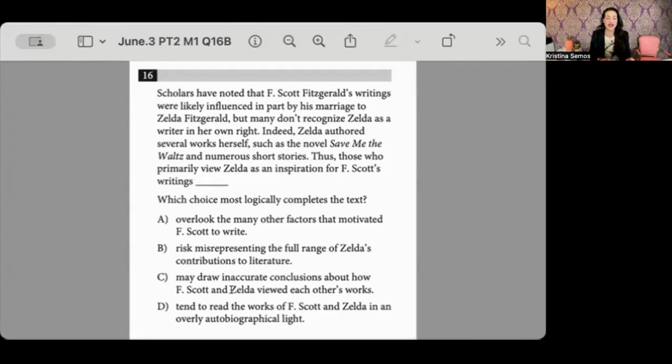Okay, so here is an example of a logically completes. And they always have the same question stem. It's which choice most logically completes the text. So then you go over here, you start reading the text. Probably before you get to the last sentence, you will know what the basic cause and effect is, or kind of what the claim is, or what the thing they're trying to show even is. And then for that last sentence, that's the thing where you're going to complete it.